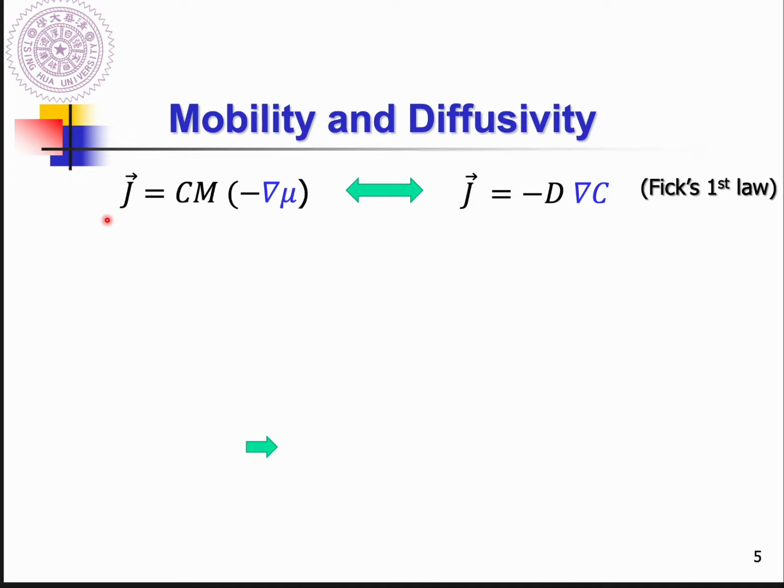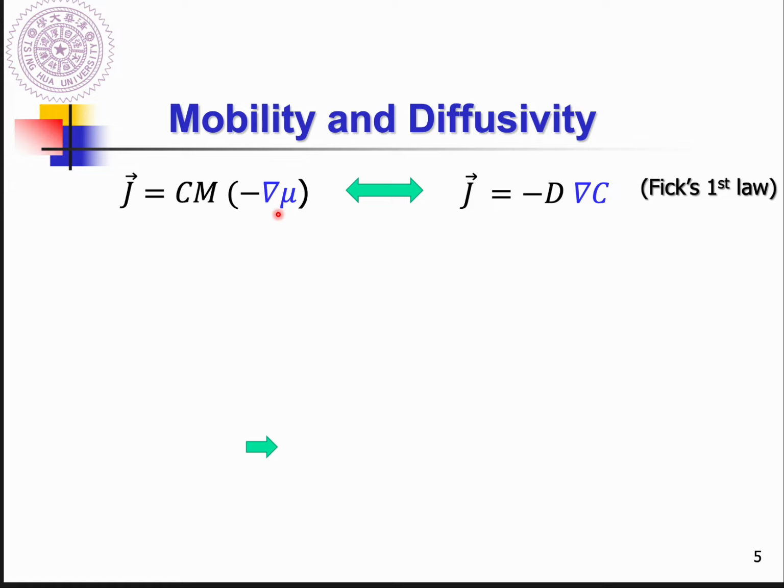In order to show the relationship between mobility and diffusivity, in the beginning, I believe you will write these two equations together, right? And next, don't forget that the driving force here is actually a minus chemical potential gradient.